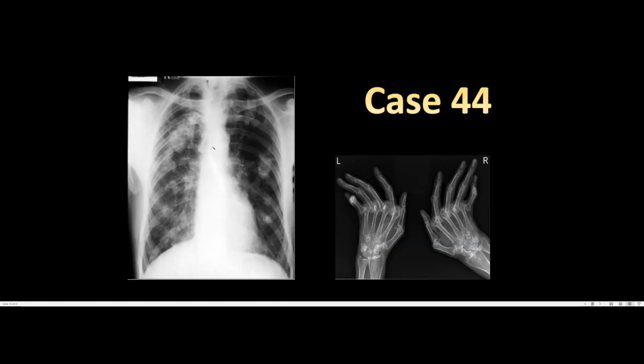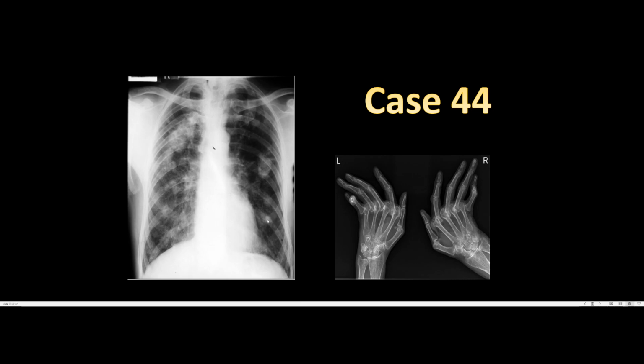Now we look at case number 44. This is a clear-cut case of Caplan syndrome. So pretty much a patient presenting with symptoms of rheumatoid arthritis. You can see the ulnar deviation. So if a patient has symptoms of rheumatoid arthritis and the patient has interstitial lung disease, you can see here the presence of pleural plaques, or pulmonary nodules.